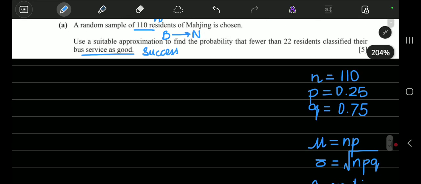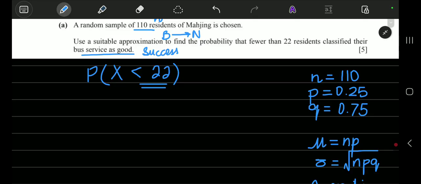So first look into what we have to find. We have to find the probability that fewer than 22. So we need to find the probability for x is less than 22. For this reason we need to correct this x value as well.